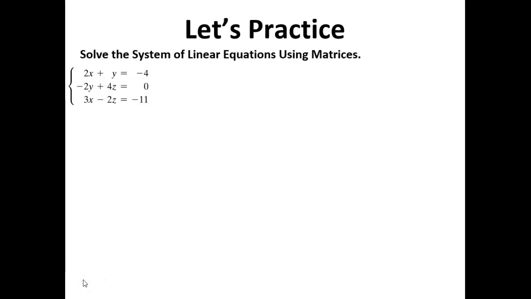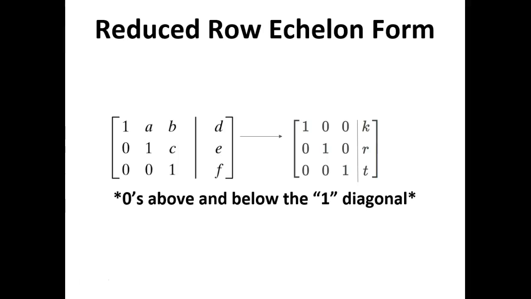So let's suppose we're going to practice with this. Let's say we're going to solve this system of linear equations using matrices. Well, before I can have you do that, there's one additional piece of information you need to know, and that's what's called reduced row echelon form. If possible, what we want to do is get the echelon form we were working with down to where there are ones across the diagonal, zeros below, and zeros above.